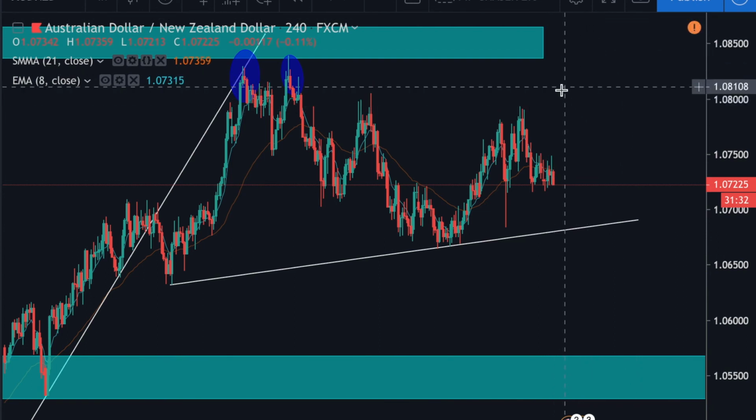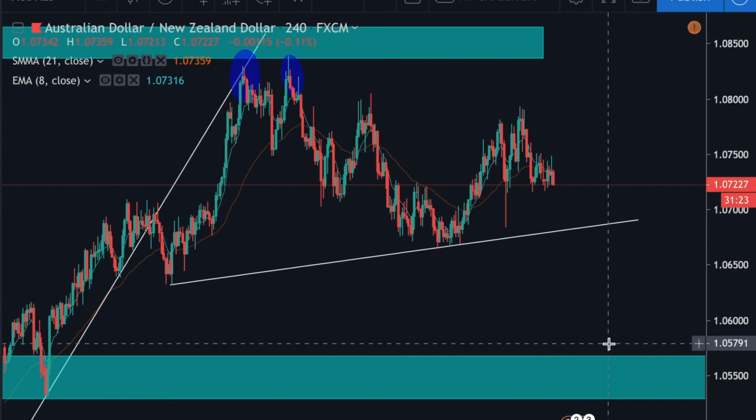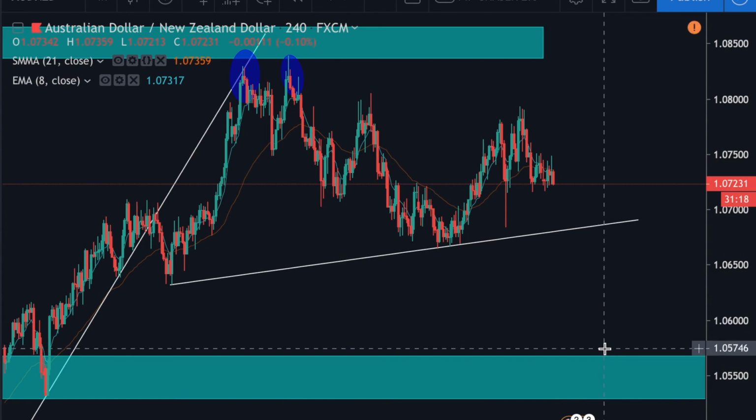So stop loss hunt can be in this area and then break the counter trend line, and the price can push to the support.